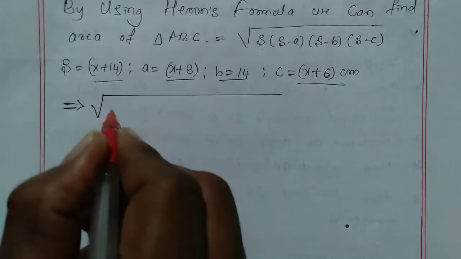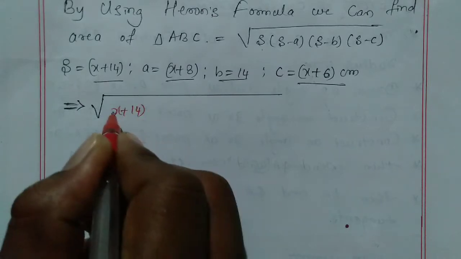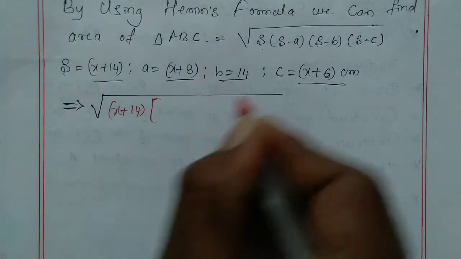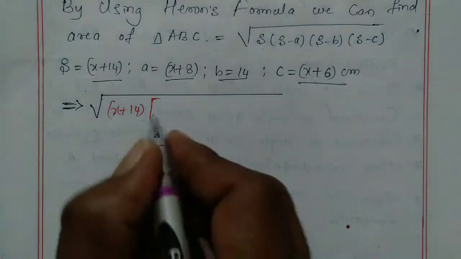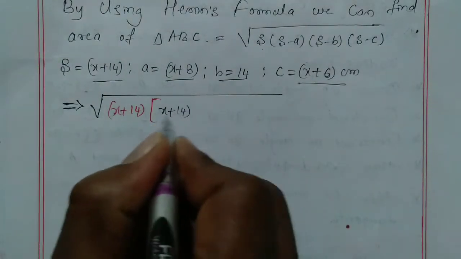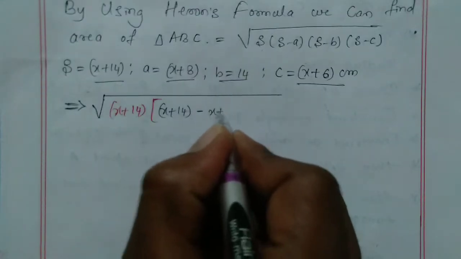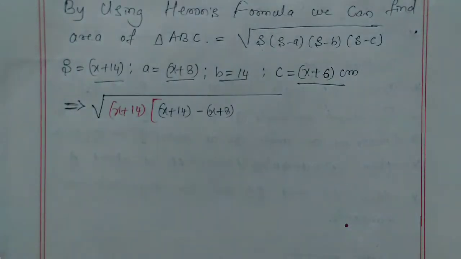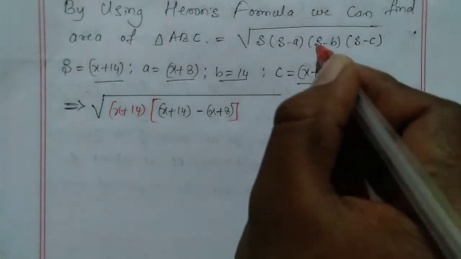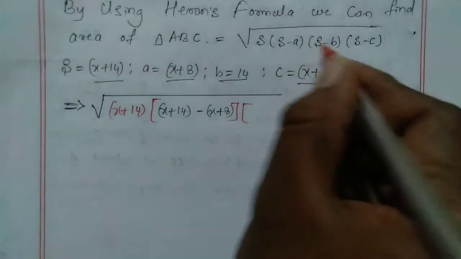So here s value is x plus 14, right? So next s is x plus 14. X plus 14 I will write, minus a is x plus 8. So next into s minus b.